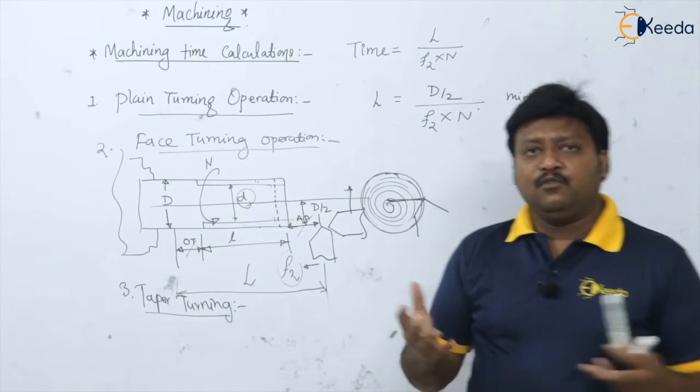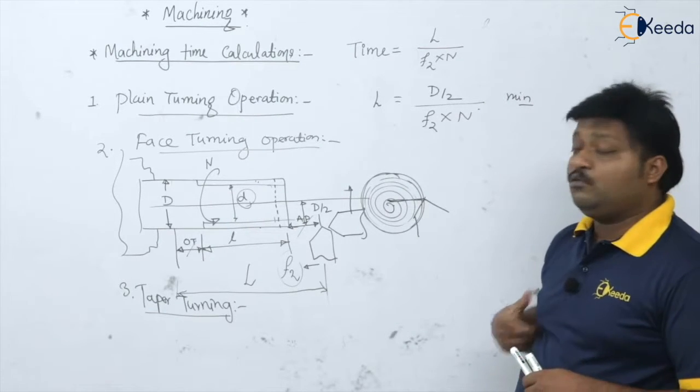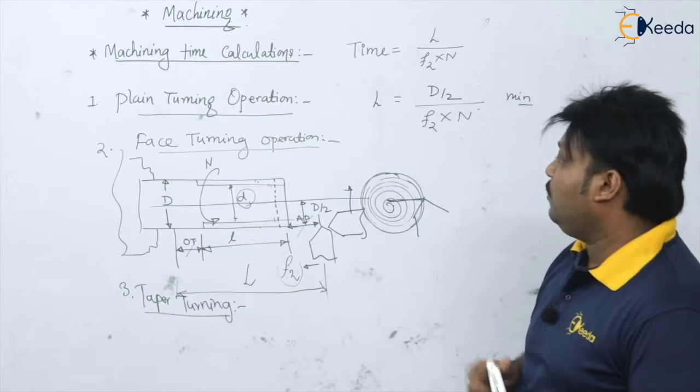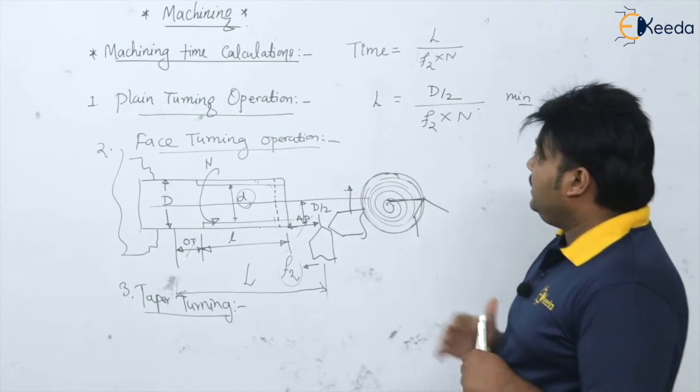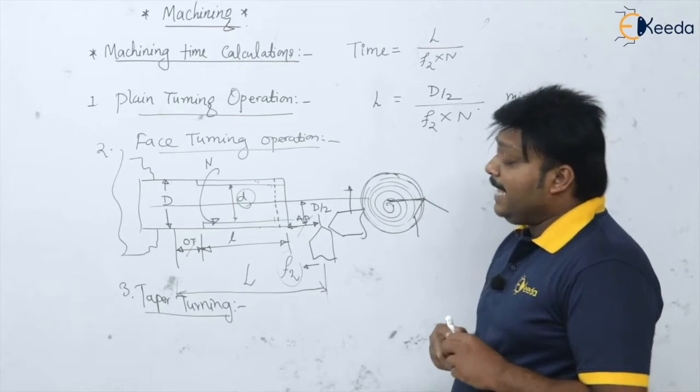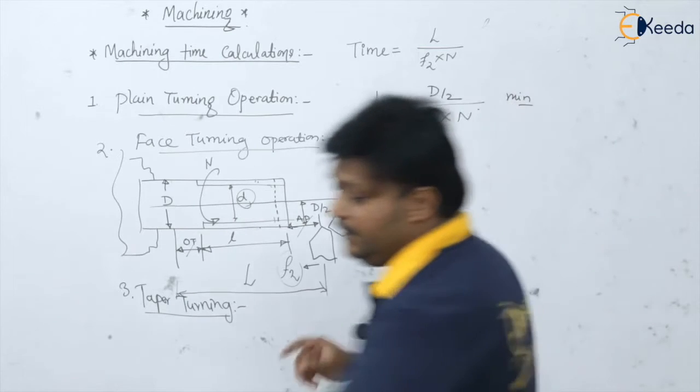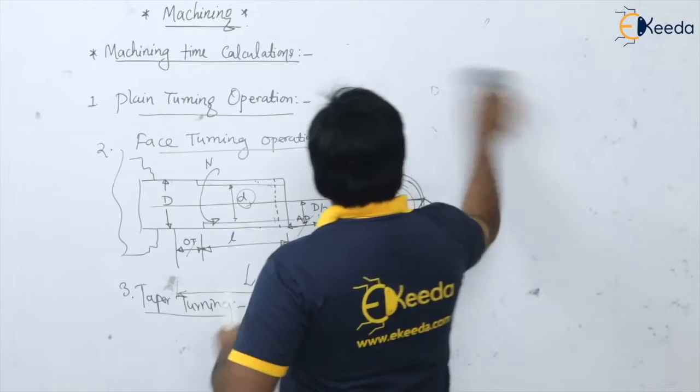These 3-4 methods are available for producing a taper on the given workpiece on the lathe machine. Here we are going to find the time required for taper turning.